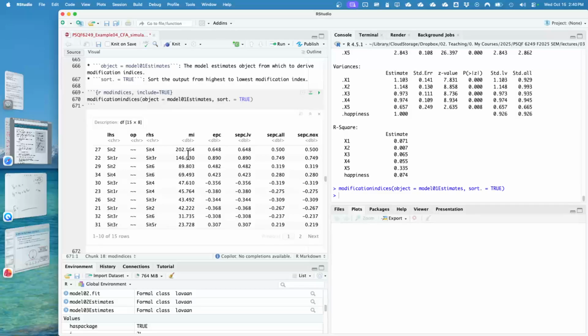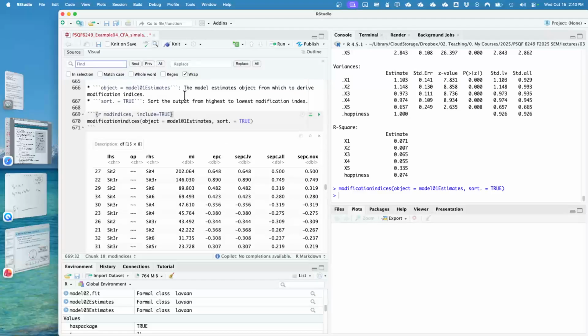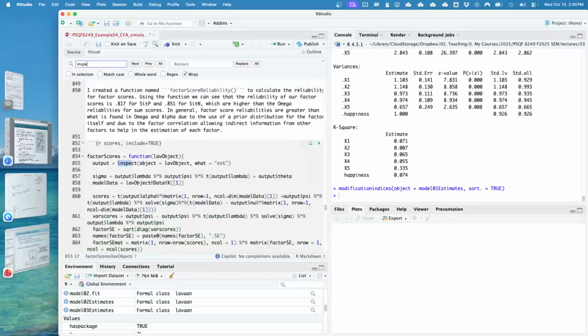The modification indices are nice. However, one thing I didn't do ahead of this that I should have done, let's see here. Nope, that's not it.